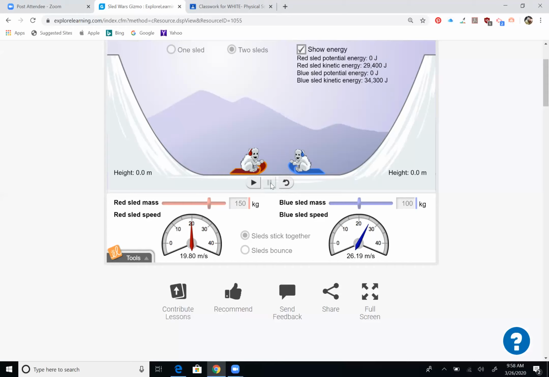Anybody need me to repeat those numbers? What was the momentum of the blue sled? Blue was 2,619. And what about the red one? 2,970.